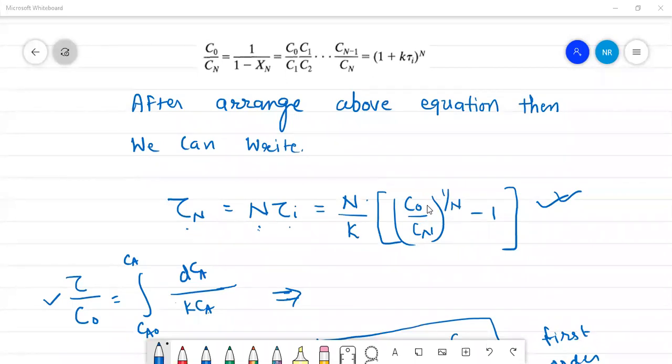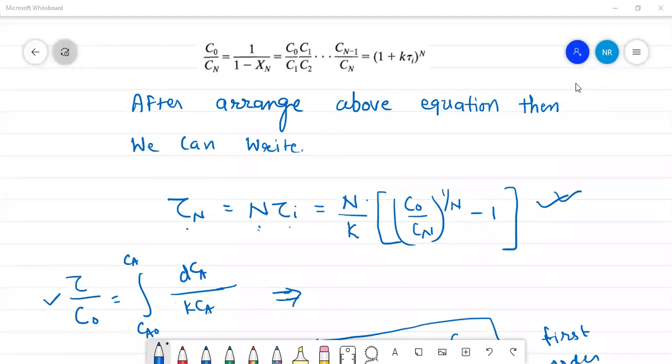If I rearrange, this one will be here, then n will be the above one, so it becomes 1 divided by n. It's nothing but the rearrangement, and then they are getting the answer.